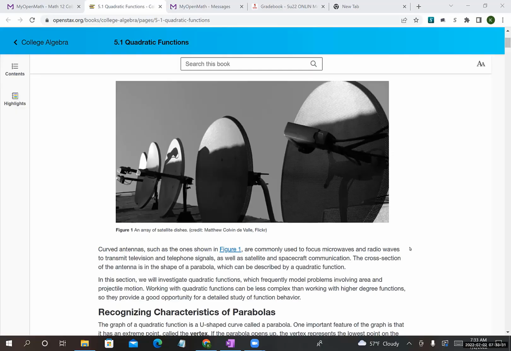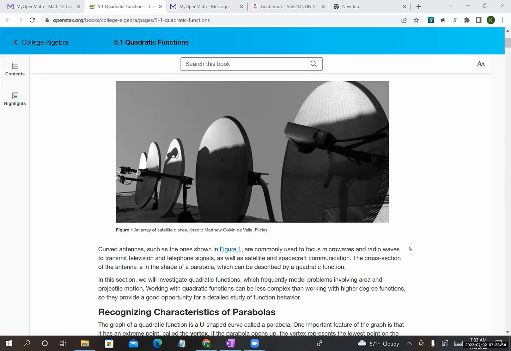And this has to do with one of the geometric properties of a parabola, which is something that we're going to discuss in chapter 8, I believe, of this class.